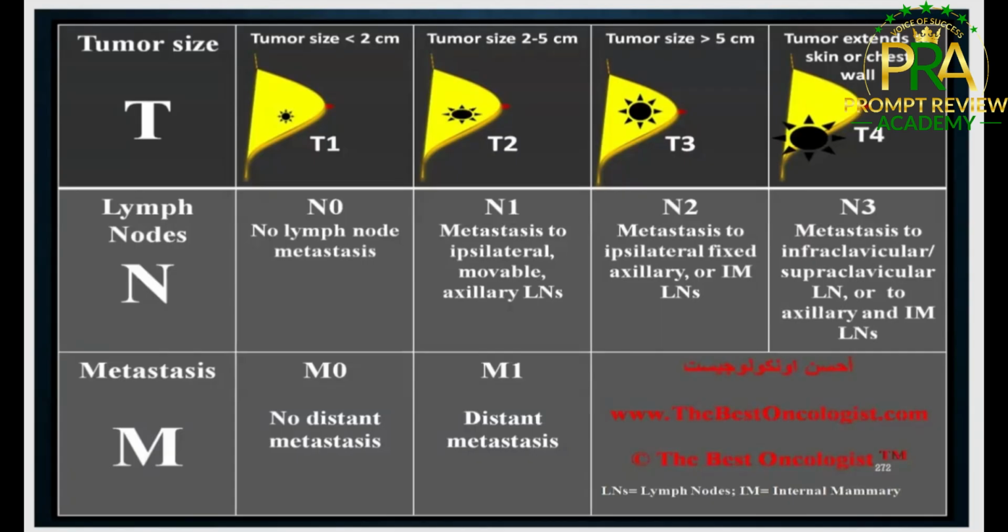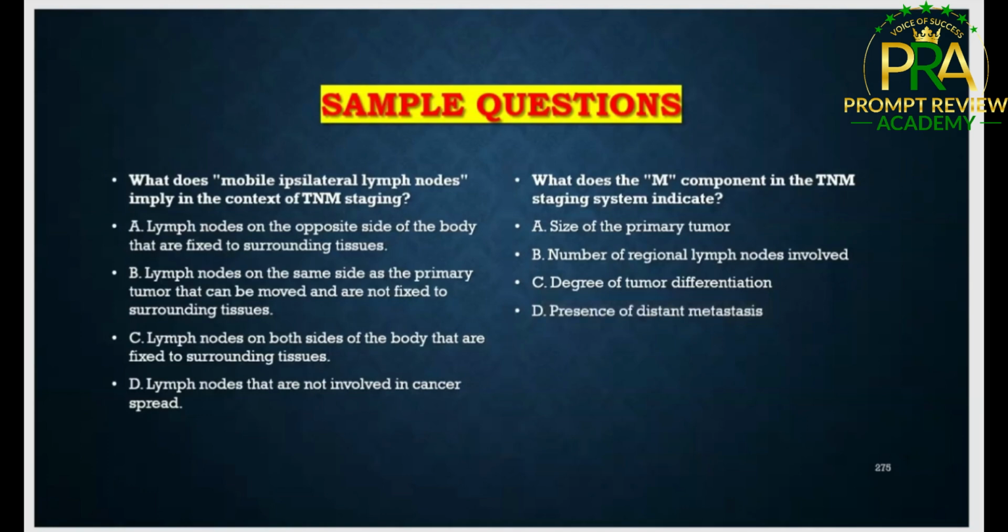So lymph nodes on the opposite side of the body that are fixed. It's not fixed. So throw that one away. Lymph node on the same side as the primary tumor that can be moved and are not fixed, yes. Lymph node on both sides, it's not both sides. Lymph nodes that are not involved, that is not correct.